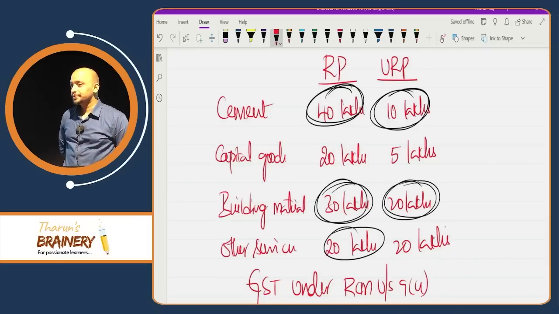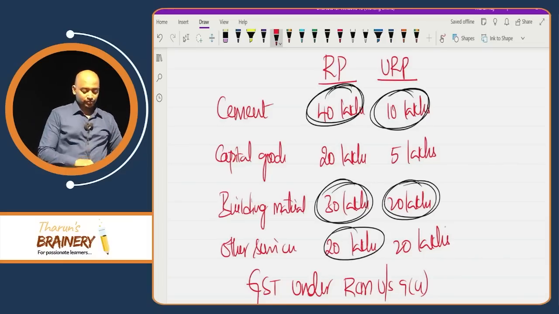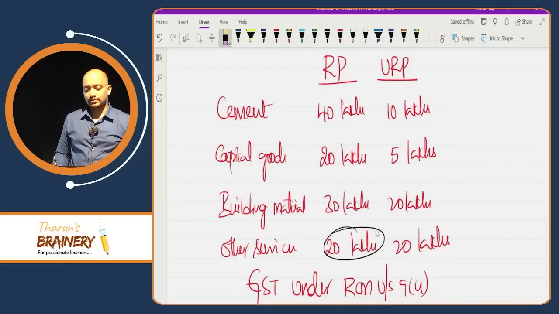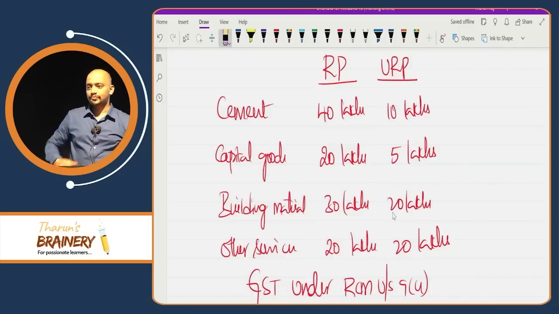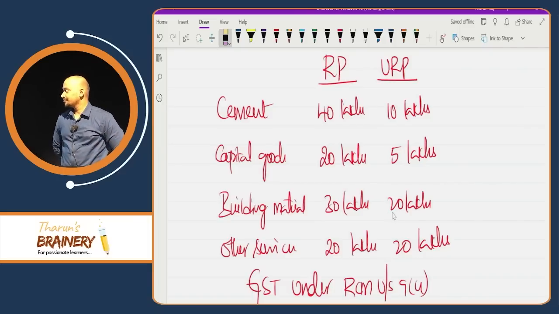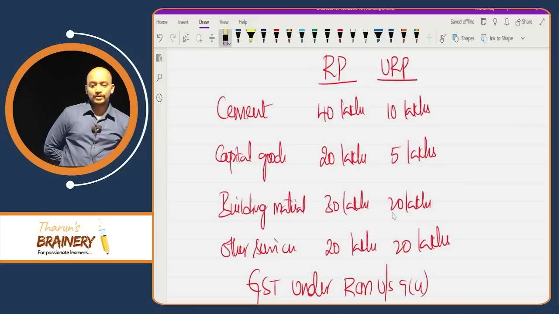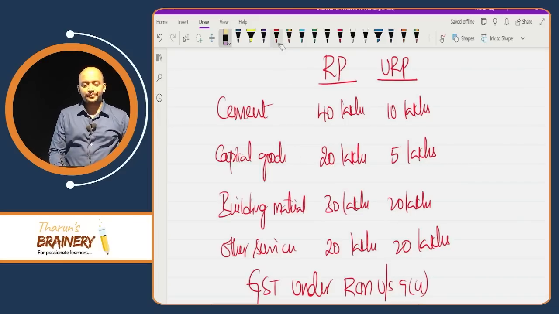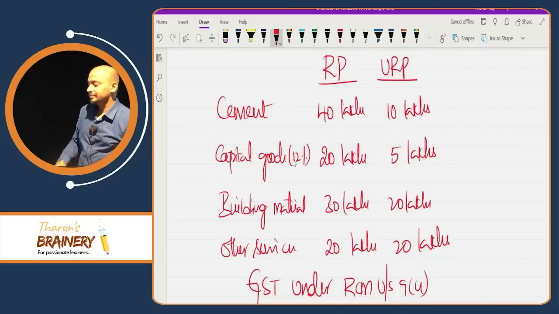Come on, now do. Same, not same, slight change. Applicable rate for capital goods 12%.